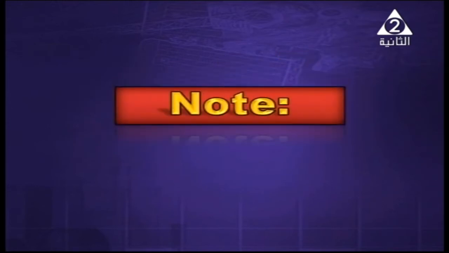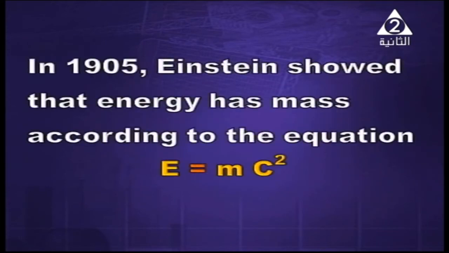And we've got a very important piece of information here. In 1905, Einstein showed that energy has mass according to the equation E = mc². So the energy of the photon equals mc², and it is equal to h nu. In this way, we'll be able to determine the mass of the photon and the momentum of the photon.